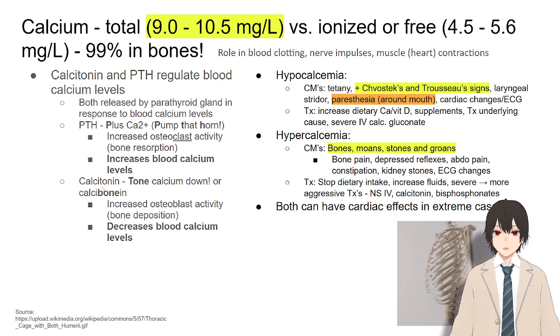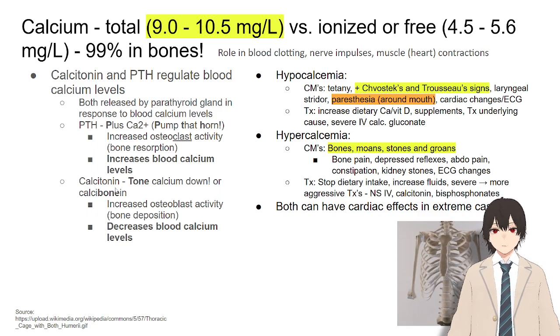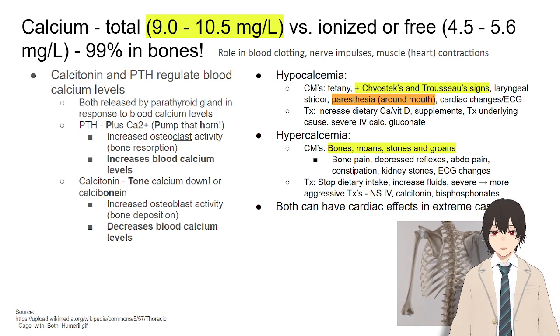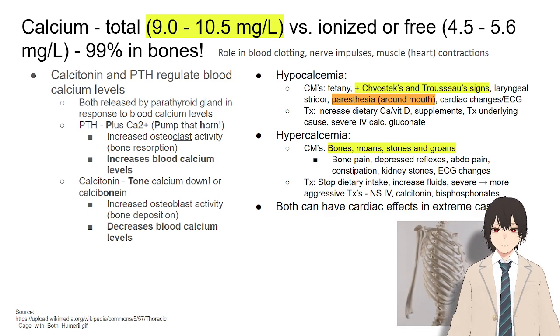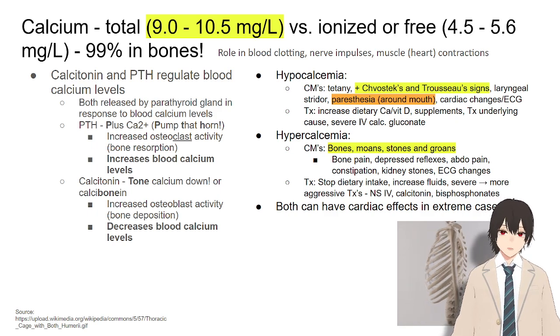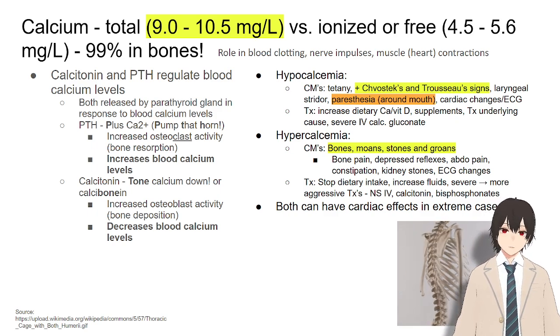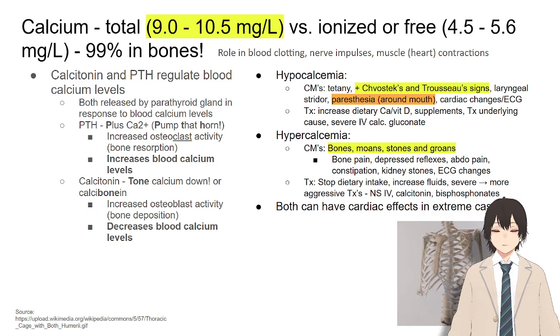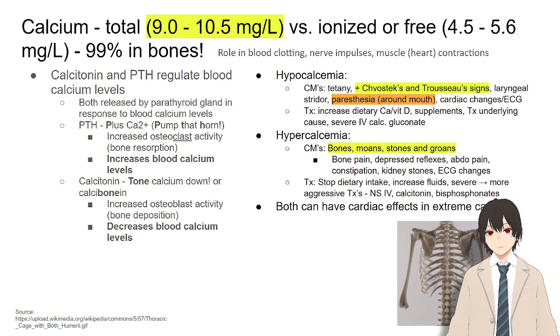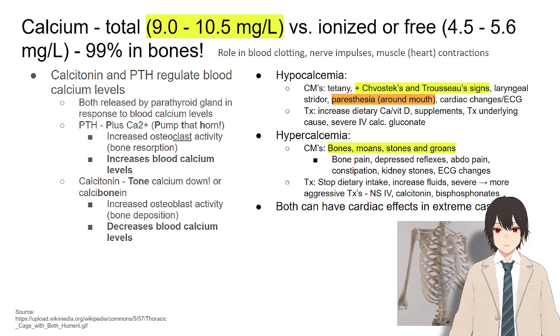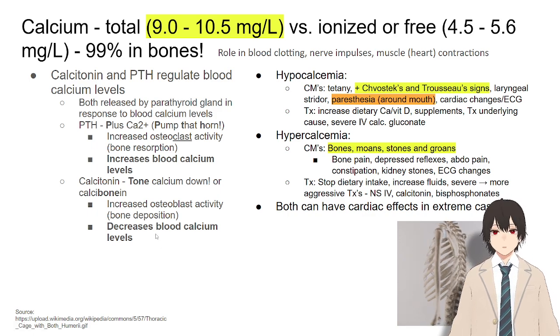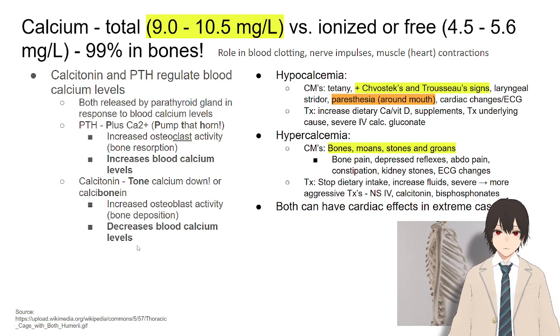On the other hand, calcitonin is when there's too much calcium. You want to lower it down. So calcitonin, tone the calcium down, to improve the reabsorption of calcium back into the bone. This will decrease the blood calcium levels.